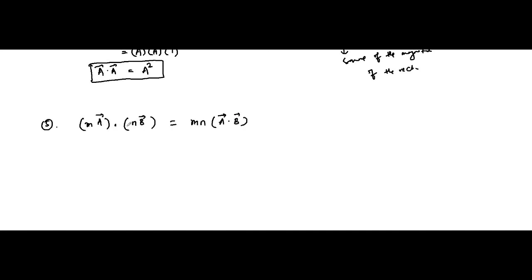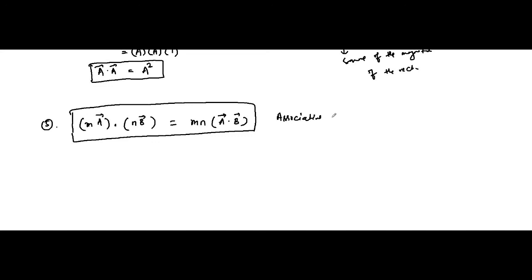So m and n, the scalar quantities, they go outside, then the dot product takes place as usual, and mn, they get multiplied as scalar values outside. So this is another important property of dot product. Okay, so this is called the associative property or associative law. It obeys associative law.